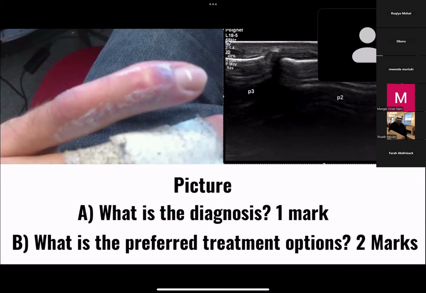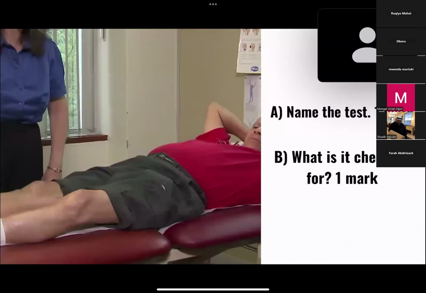In a swan neck deformity, you have hyperextension of the PIP joint and flexion, or loss of extension, at the DIP joint. That's the difference between the two. So if you have a chronic mallet finger, it can lead to swan neck deformity.